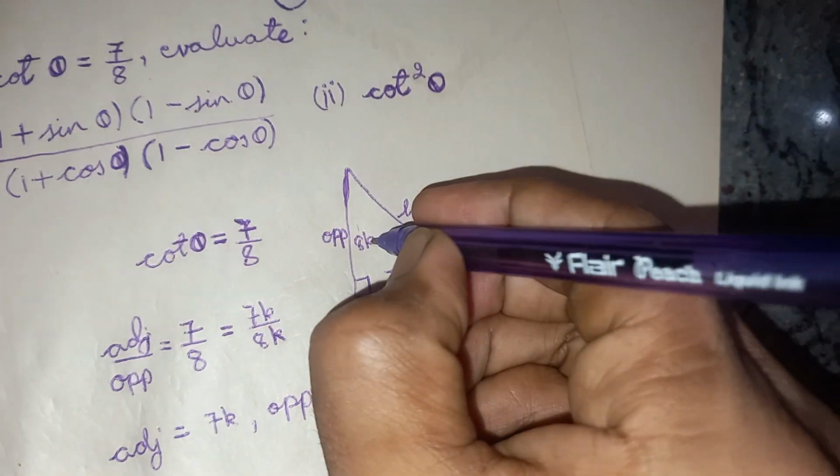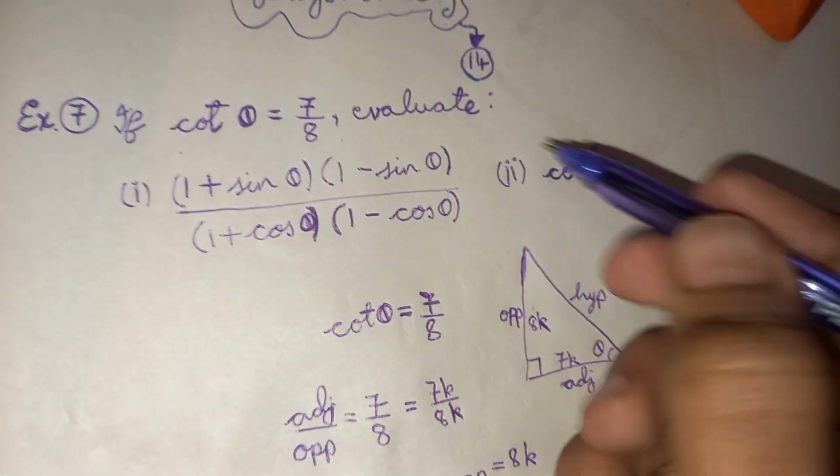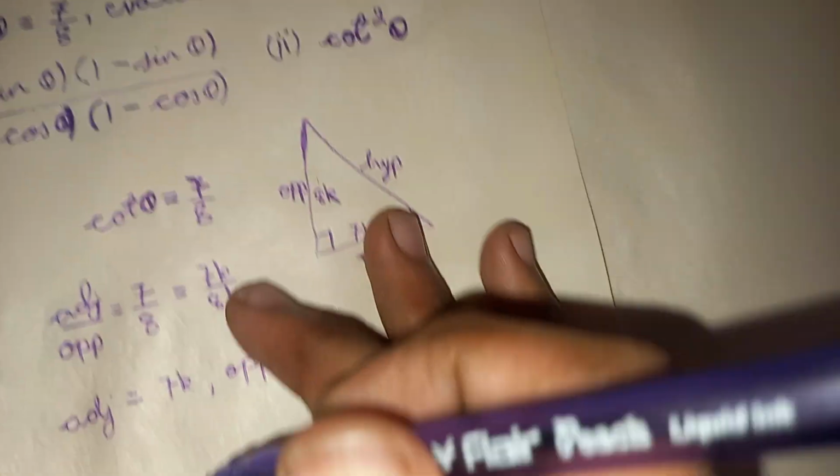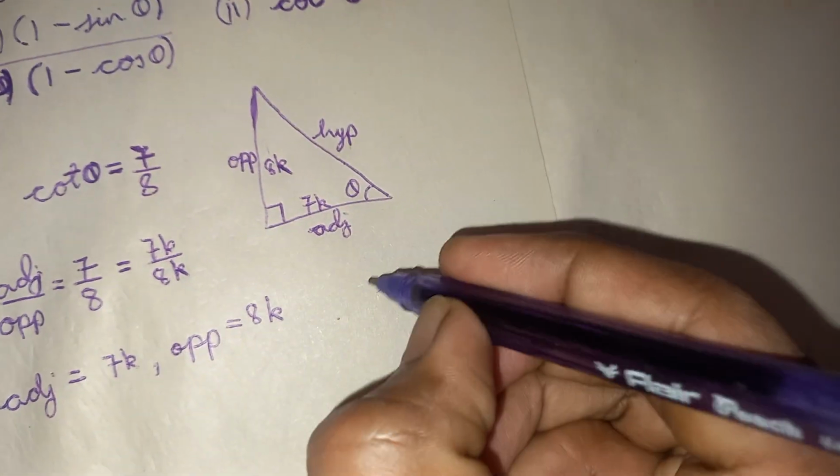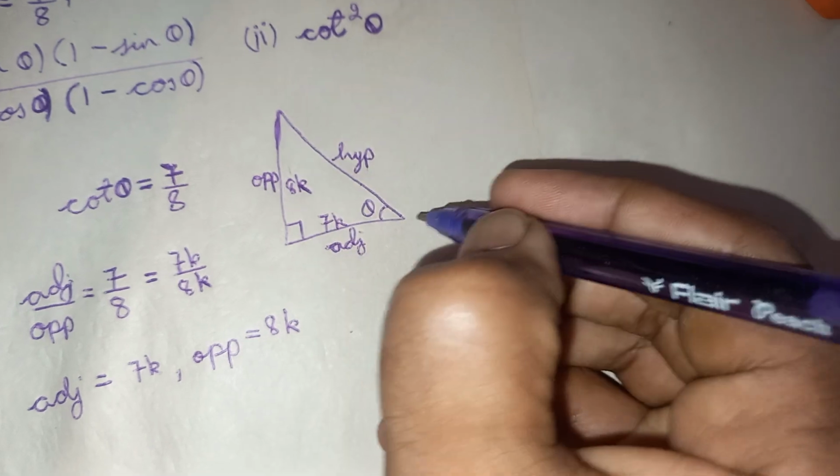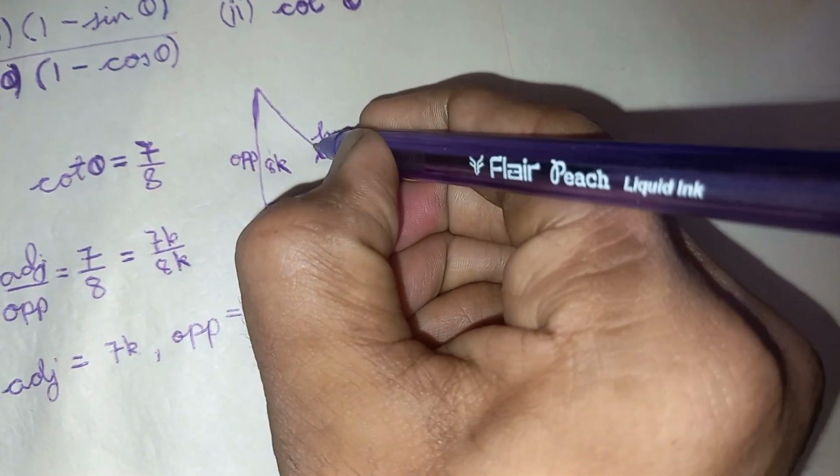We need to find the hypotenuse so that we can find all the different trigonometric ratios. In this triangle, this side squared plus this side squared becomes the hypotenuse squared. Let's take the hypotenuse as x.